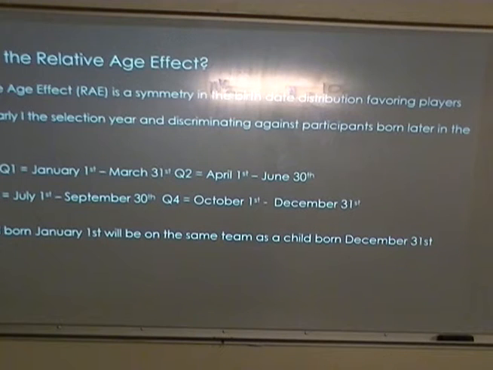If a child were born on January 1st, they'd be on the same team as someone born on December 31st, and obviously there's a 12-month advantage that the kid born on January 1st would have over the participant born on December 31st. That's the idea of what the relative age effect is based on age grouping. Next slide.